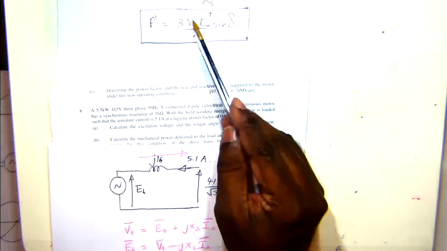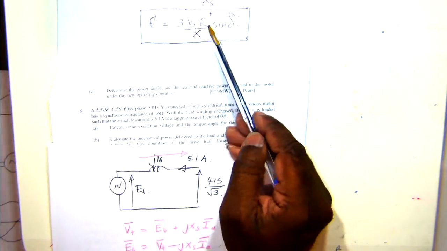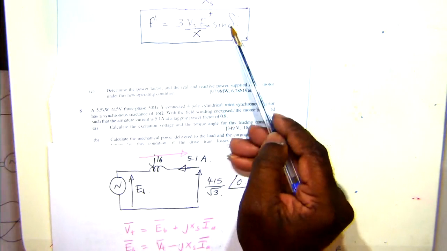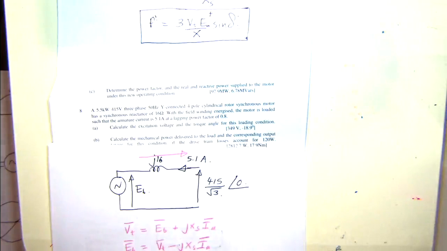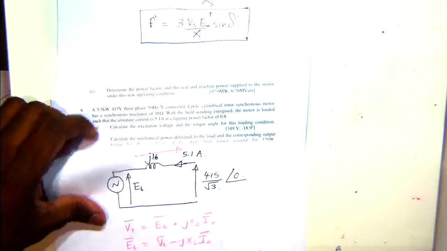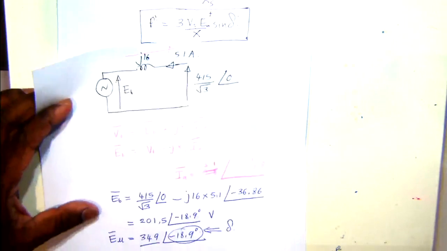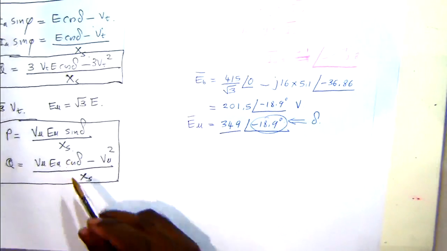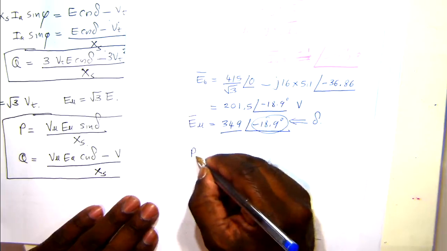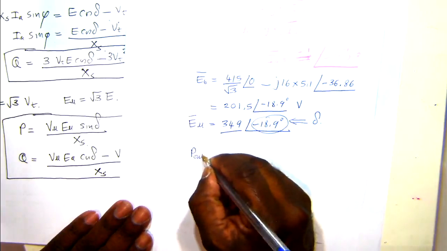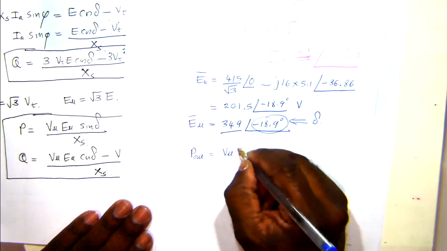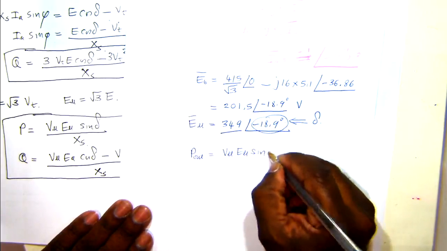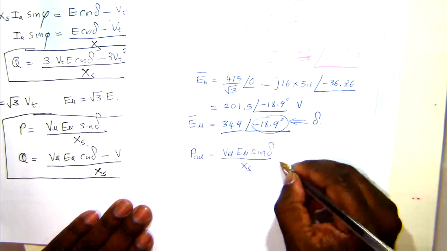Now we know the terminal voltage, we have the excitation voltage, we've calculated delta, so there's no point in finding current. So we just substitute the values into this. I'll use the line-to-line voltage equation.